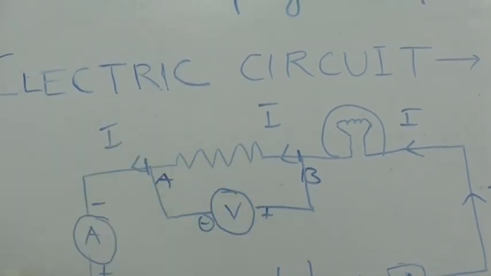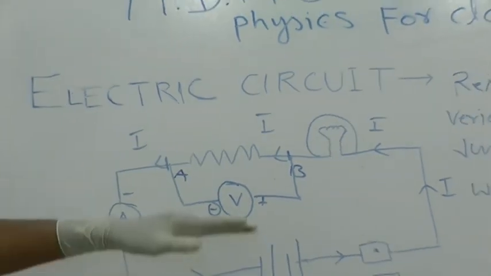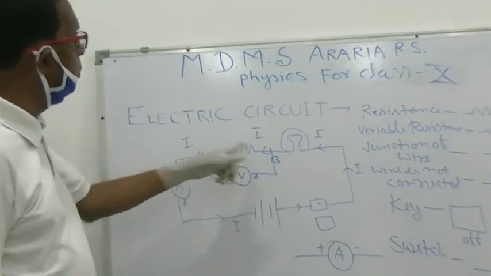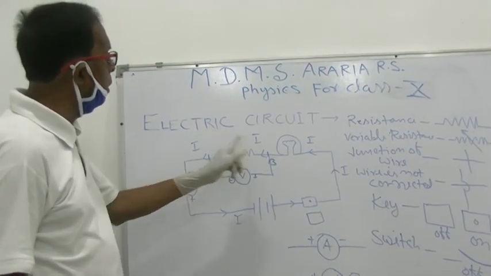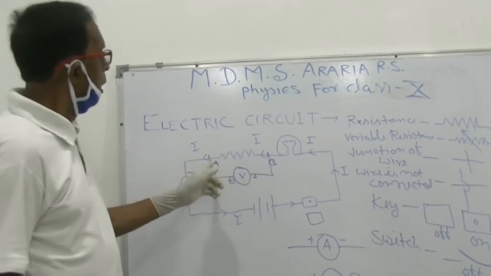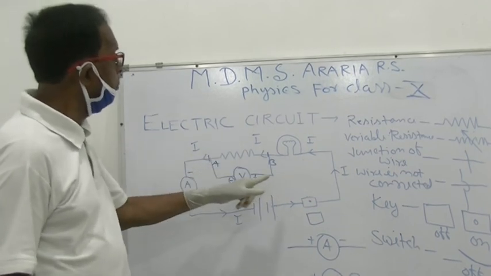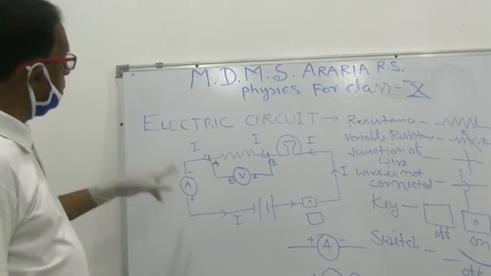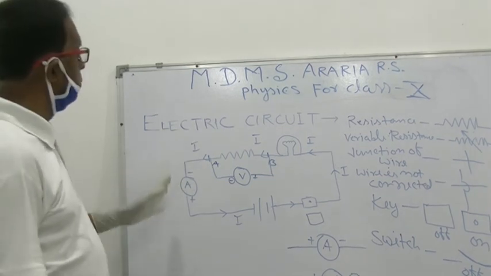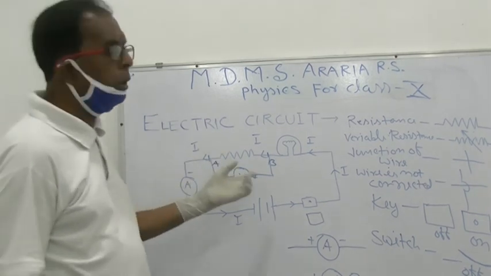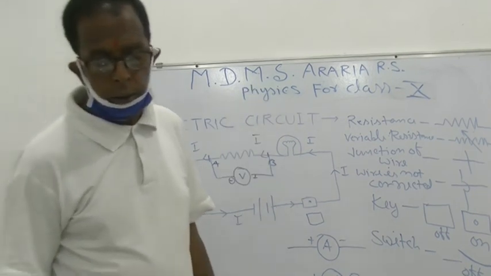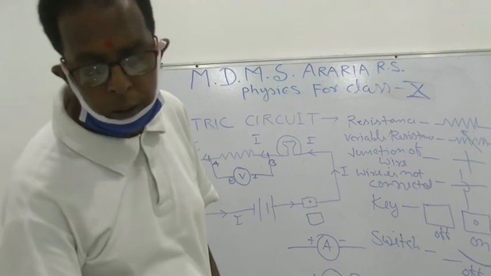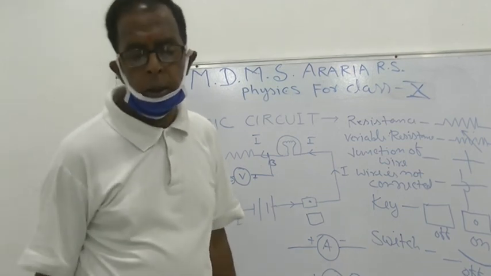This combination is a parallel combination, and then we are able to get the potential difference across the resistor at ends A and B. The resistance of the ammeter is very low and the resistance of the voltmeter is very high. These are the functions of the voltmeter and ammeter.